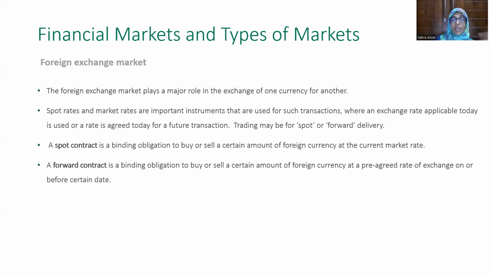So what happens on a spot contract is that when you are going to buy or sell a foreign currency, the exchange rate at that particular time will be applicable.